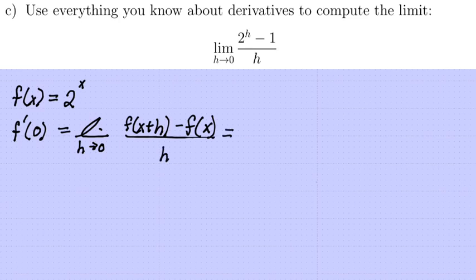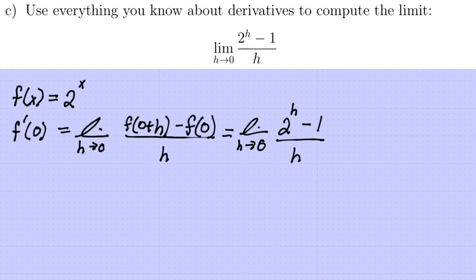Oh, and I'm sorry, I'm asking specifically at 0, so not x, but 0 plus h, f of 0. And so this is 2 to the h minus 1 over h. So that's exactly what we had.